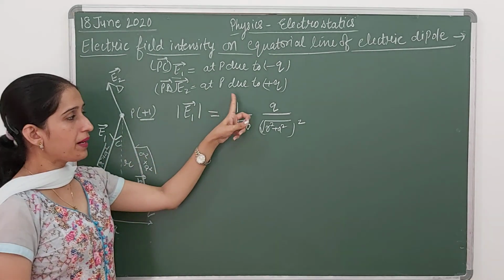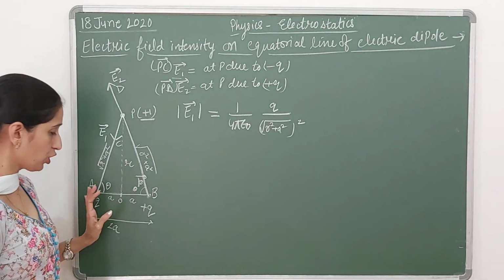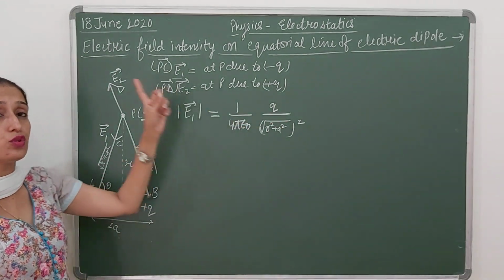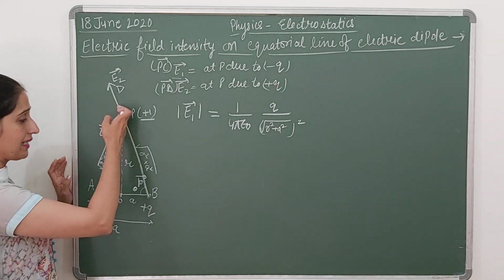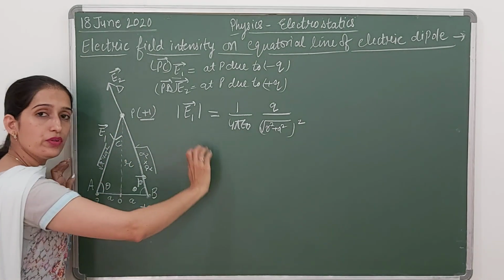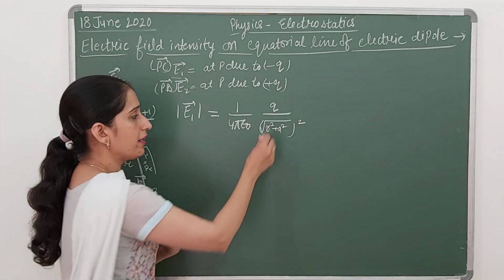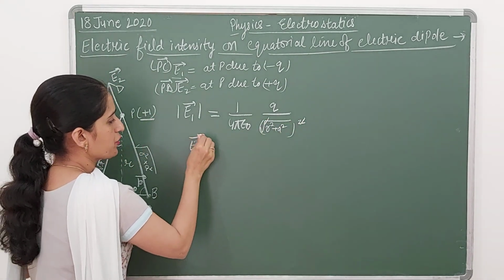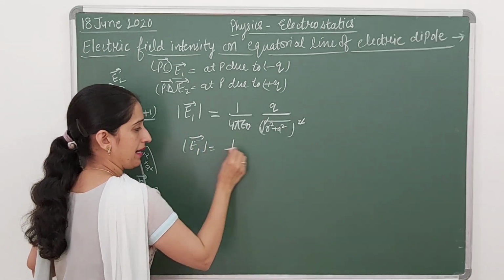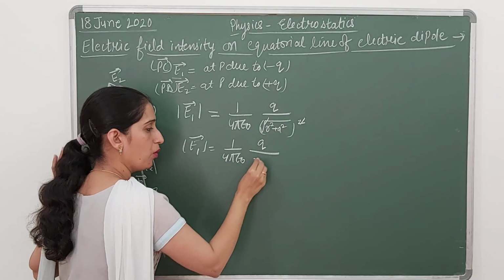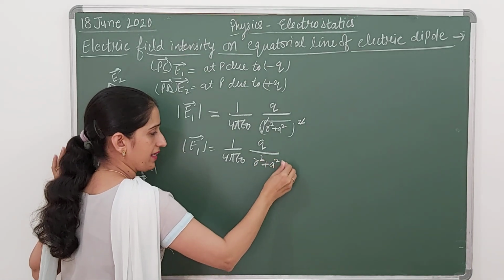The formula is 1 by 4 pi epsilon naught Q upon r square, and here this distance is given by under root r square plus a square. So square and under root will cancel each other, and the magnitude will be given by 1 by 4 pi epsilon naught, Q upon r square plus a square.